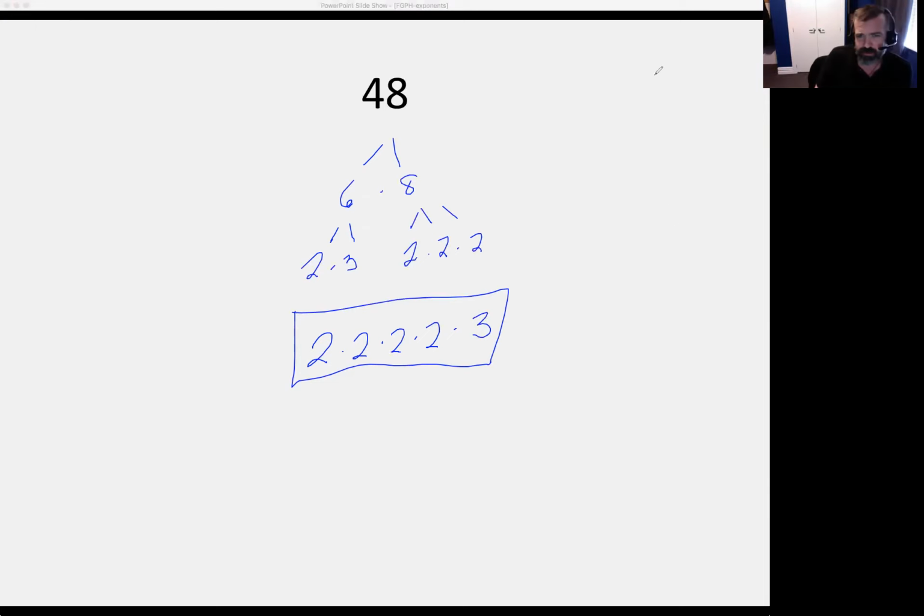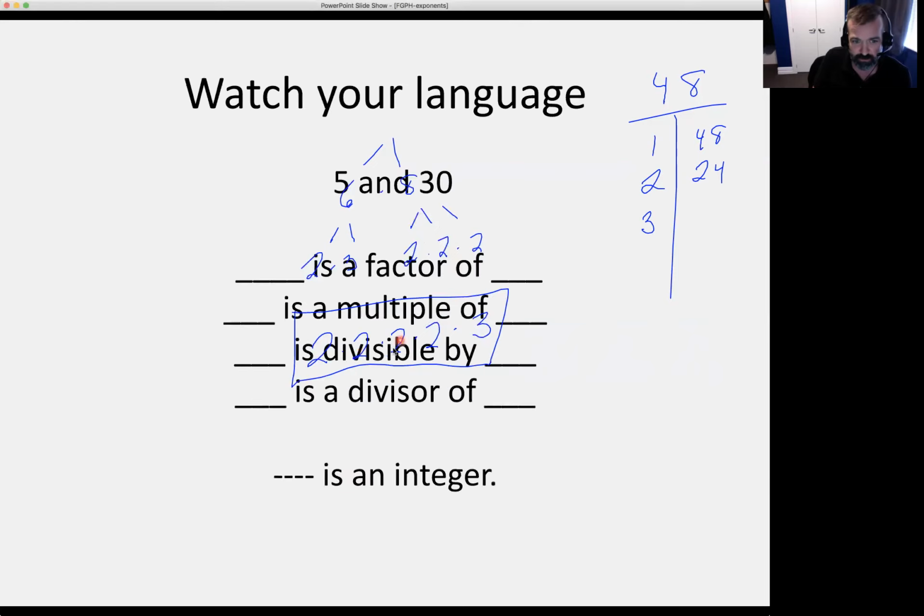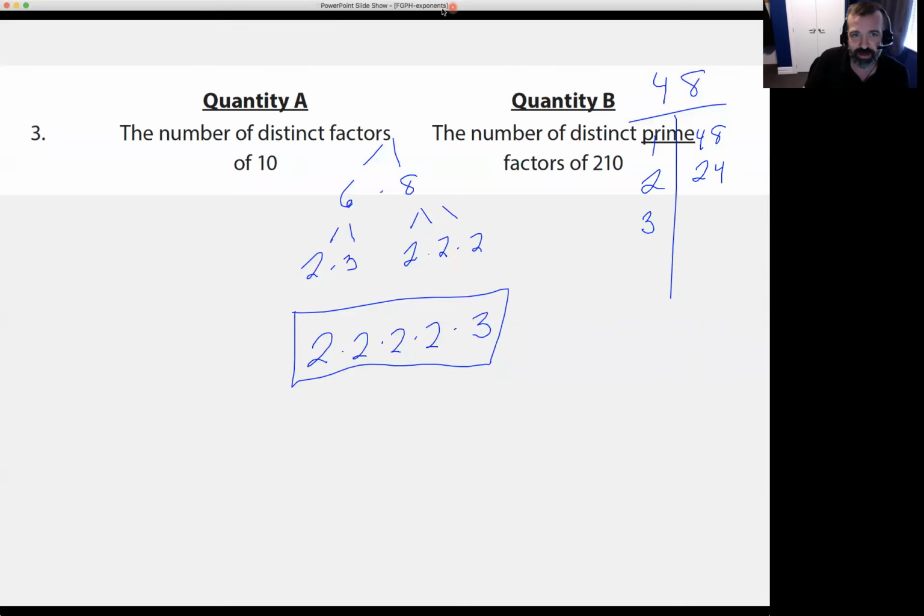Now let's play with the plain old factors of 48 for a second. This is an interesting thing that occurs. I got 1 and 48, 2 and 24, 3 and what? 16. Check this out. 3 times what equals 48? Shoot, I advanced before I wanted to.